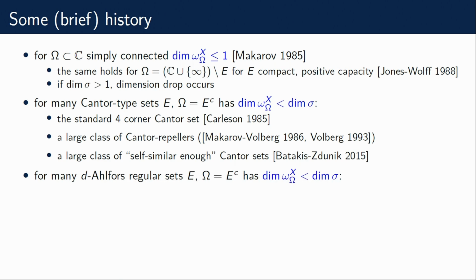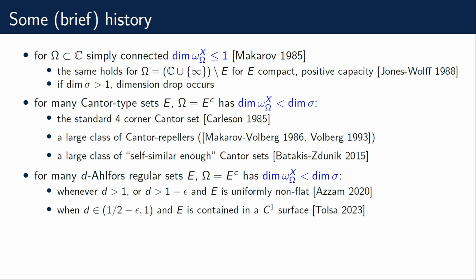And lastly, there's a third class of results, which has to do with Ahlfors regularity. Roughly they say, if the boundary of a domain is Ahlfors regular, then you have dimension drop of harmonic measure. There's a result of Jonas Azzam in 2020, who proved that if E is d-Ahlfors regular for d bigger than 1, and I'll skip the other condition, then you have dimension drop of harmonic measure.